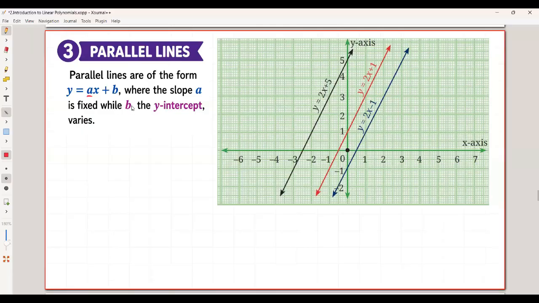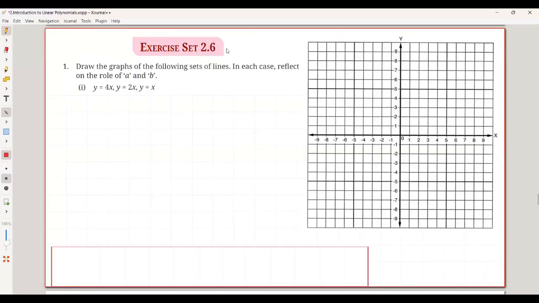Here a is fixed while b, that is the y-intercept, varies. The y-intercept is changing but a is fixed. You can see the first example, y is equal to 2x plus 5. The a value is 2 here, and in this equation also 2. So the a value is fixed. Therefore, we will get parallel lines. Three conditions: a is greater than 0, a is less than 0, a is fixed. Exercise 2.6.